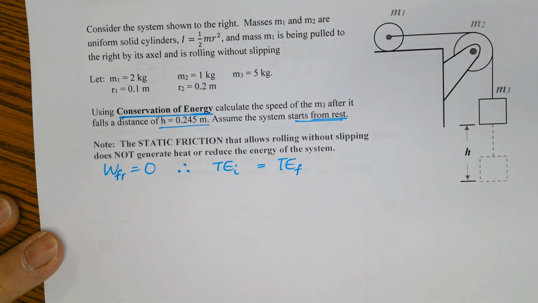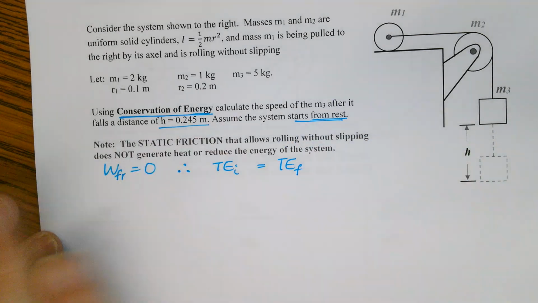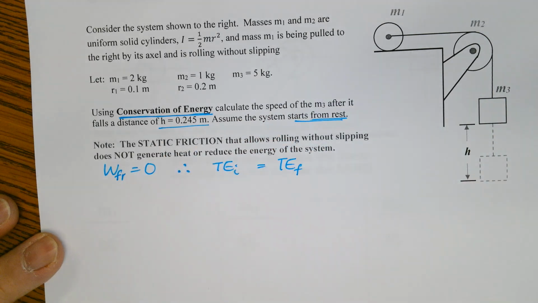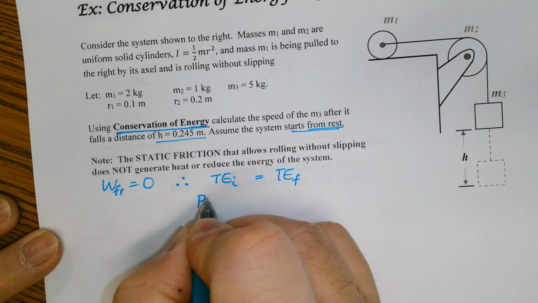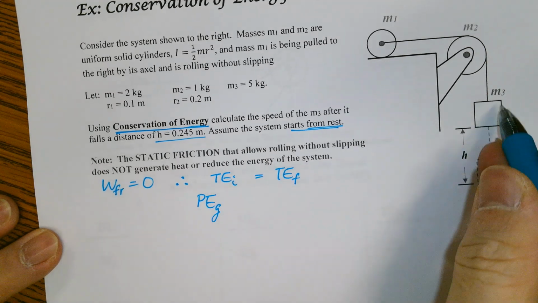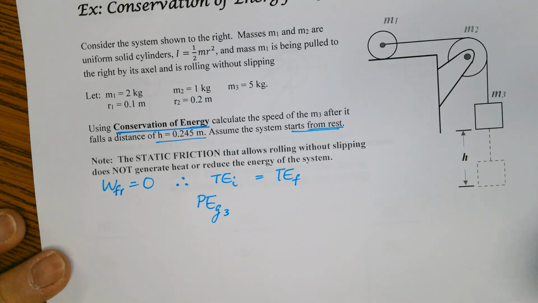So initially, everything starts from rest, so I have no kinetic energy for any of these three objects. I only have gravitational potential energy of mass 3. It's the only energy I start with.